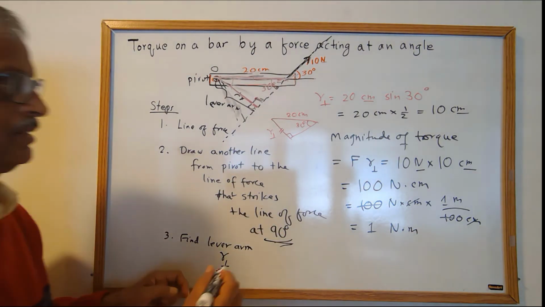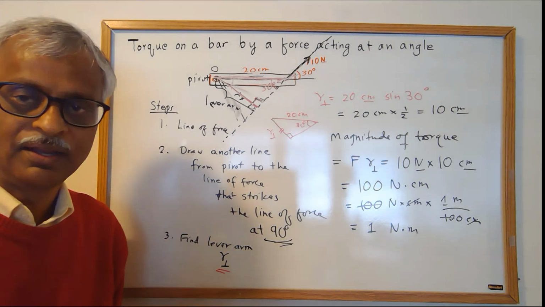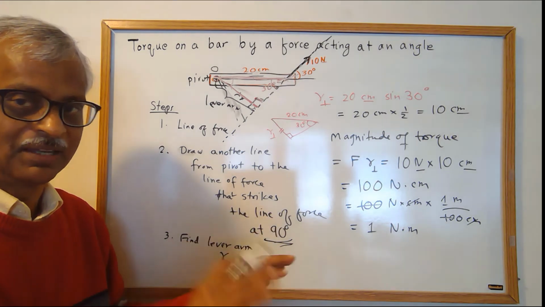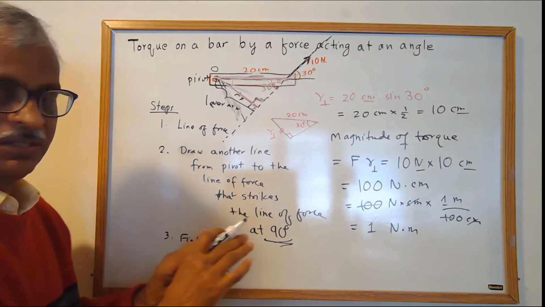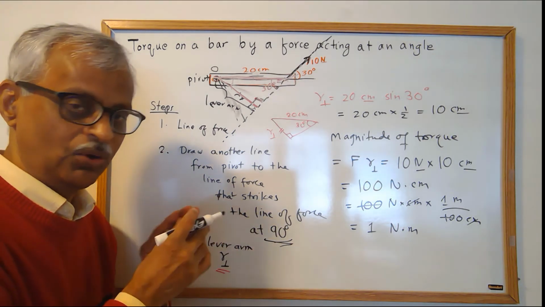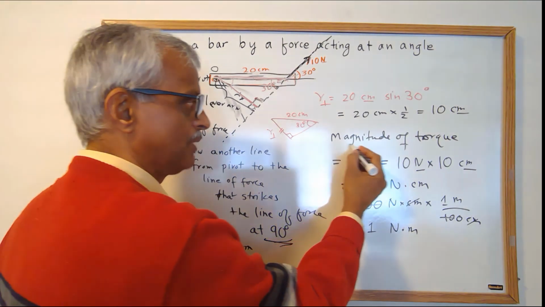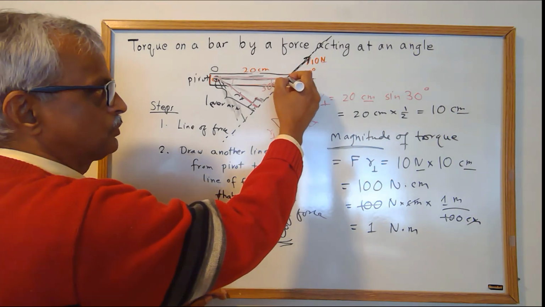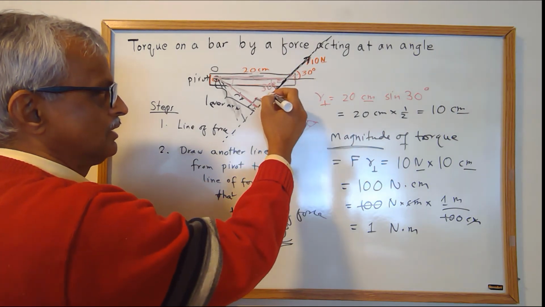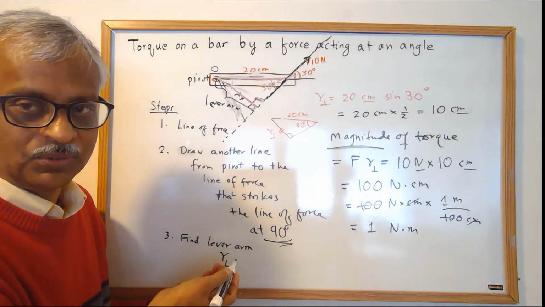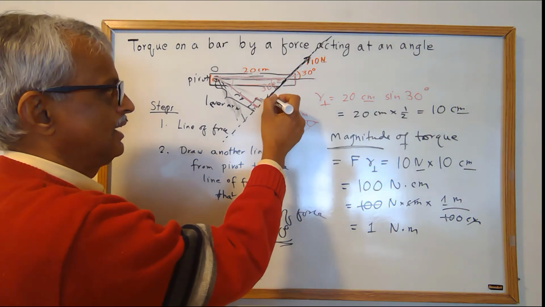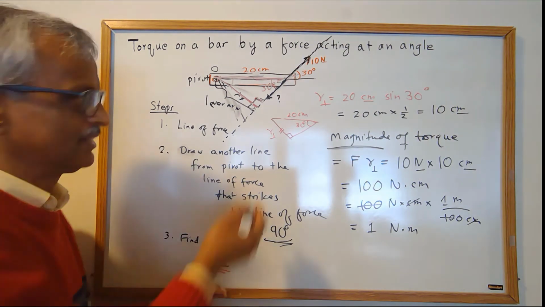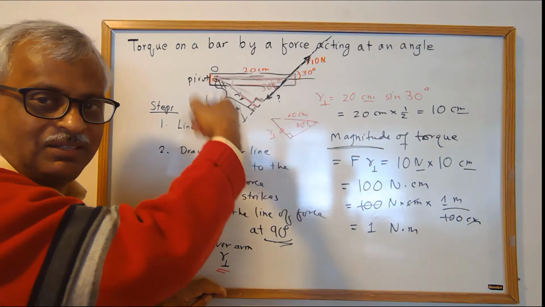Okay, we are not done yet. At this point, students can stop and say, I'm done, I found the torque. But from previous studies, you know this is just a magnitude. If this force was acting in that direction, it would have exactly the same value. So these two forces have the same torque magnitude, but they don't have the same influence on rotation.